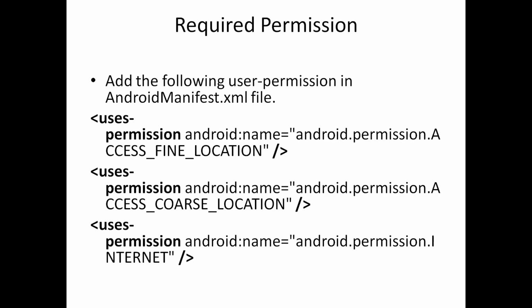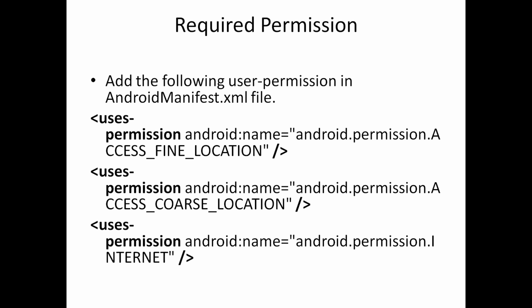Before proceeding, there are some required permissions for the application that should be enabled. For that, in the Android manifest file we have to add permissions. First is a uses-permission with android:name android.permission.ACCESS_FINE_LOCATION, then a uses-permission android.permission.ACCESS_COARSE_LOCATION, and the third one is the Android permission for internet.